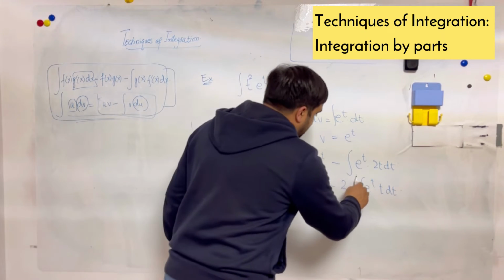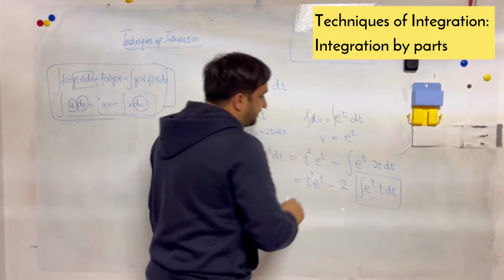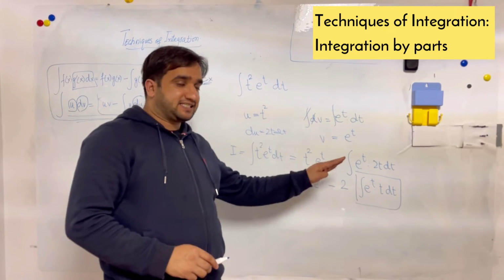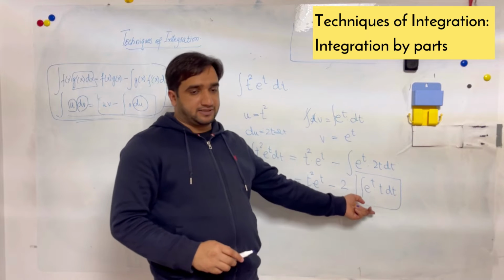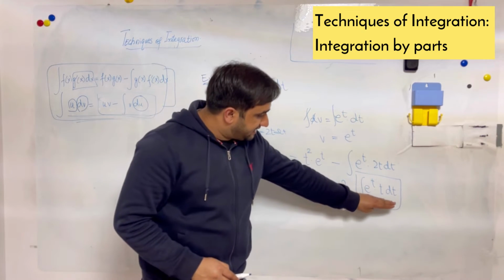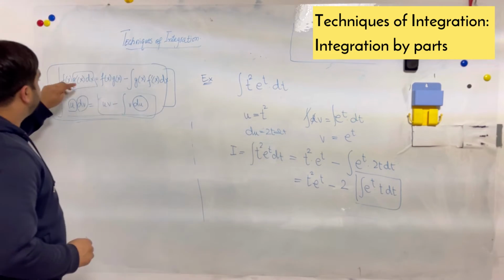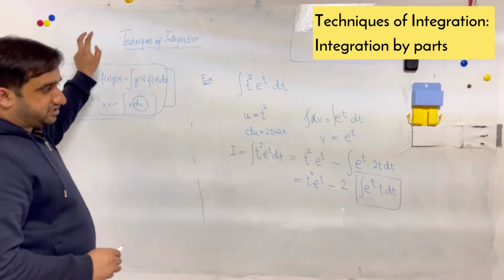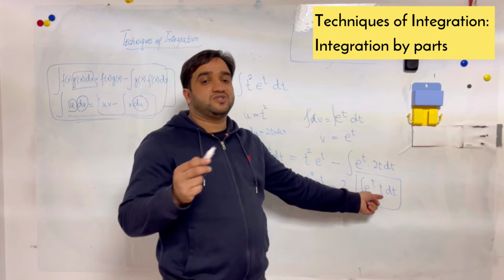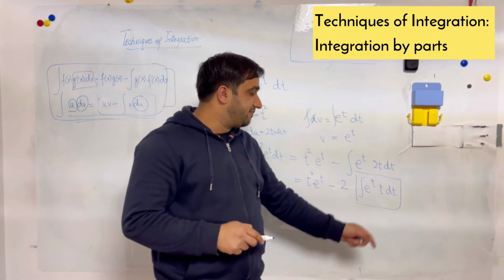Now look, you still see this integral. In the previous example this became simple and we solved it by our knowledge, but here it is again in the form of integral f of x into g of x, two functions multiplying together. So you have to use integration by parts again.